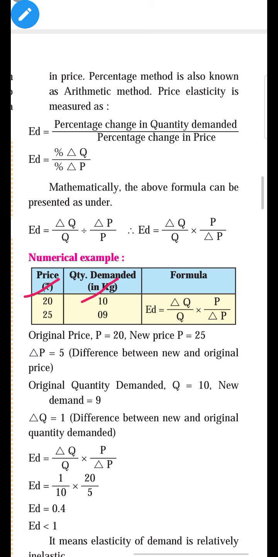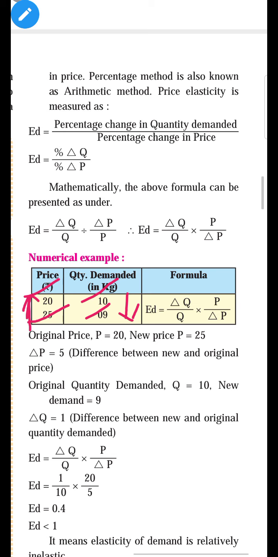And when the price increases from 20 rupees to 25 rupees, demand will obviously decrease from 10 kg to 9 kg. Why? Because of the increase in price from 20 rupees to 25 rupees. So let us find out how elastic demand becomes.